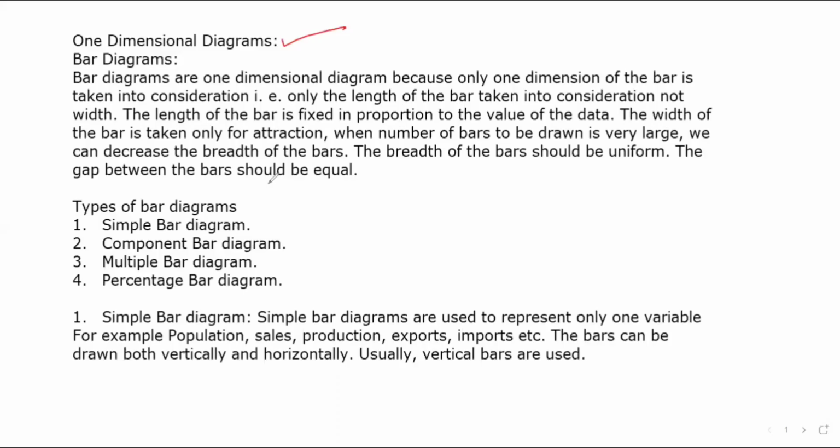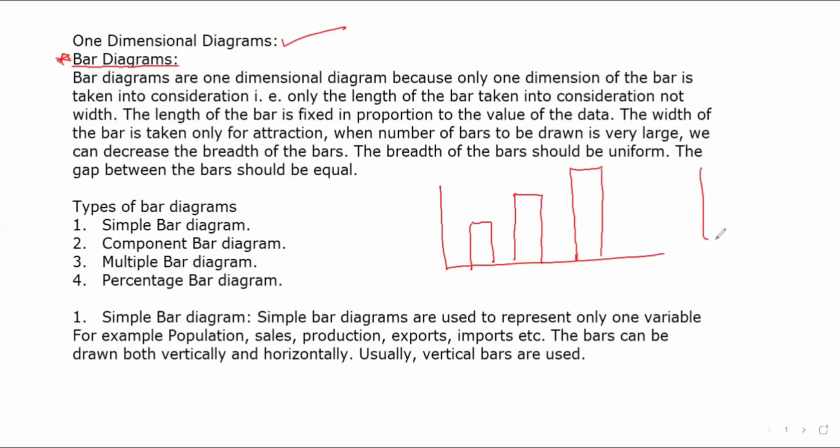One of the famous one-dimensional diagrams is the bar diagram, right? So what is a bar diagram? Bar diagrams are a type of diagram which contains bars exactly like this, or you may observe a bar like this also.